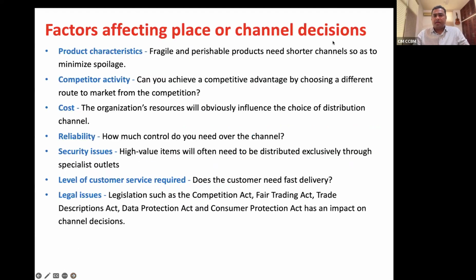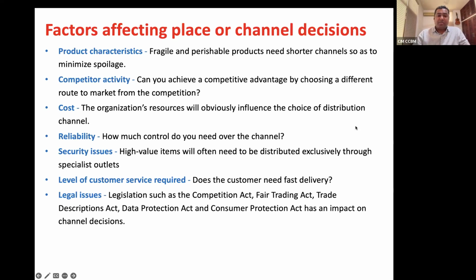There are so many things that you would need to consider when selecting the correct type of channel, the correct place or the correct distribution channel. You'll have to look at the product characteristics. If it's a perishable product, then you need refrigeration, transportation, packaging.